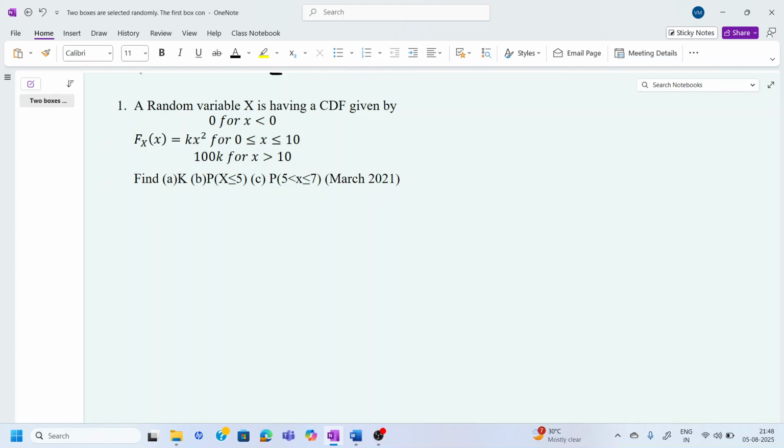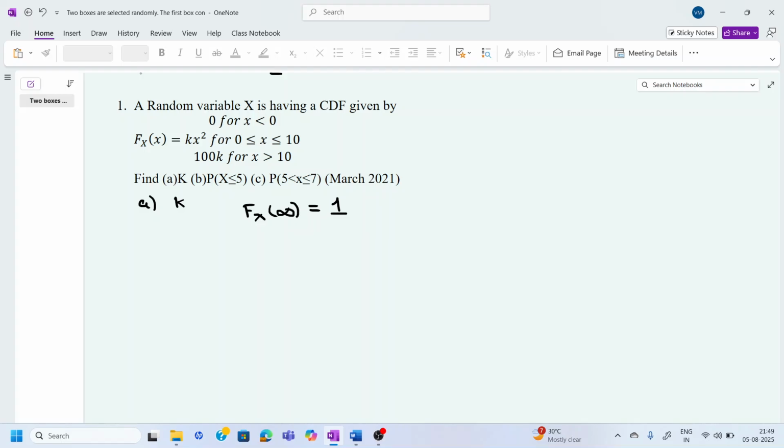So first we will find the first bit, that is finding the constant. We know from the properties of the distribution function that Fx of infinity, the maximum value it can take, is 1. Here for all values x greater than 10, it is taking the value 100k. So the distribution function's maximum value is 100k.